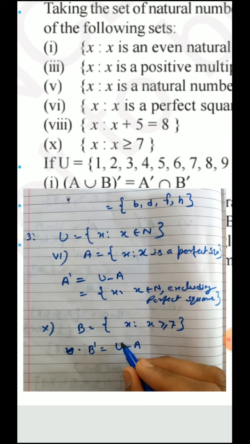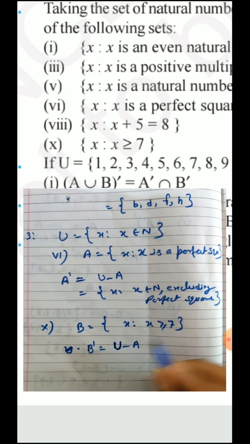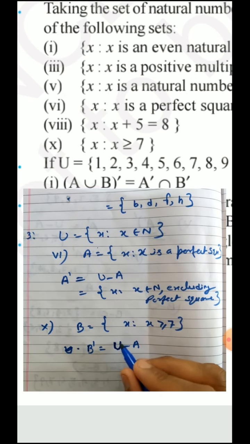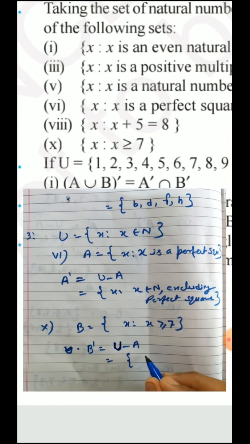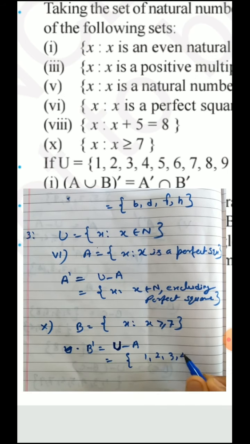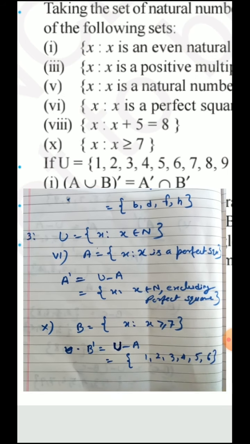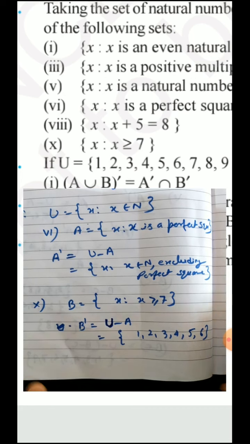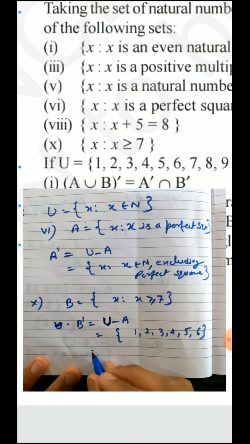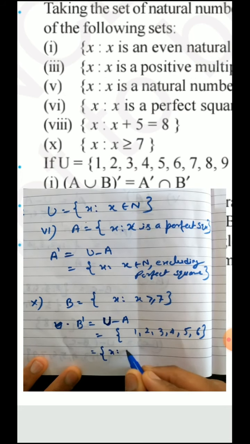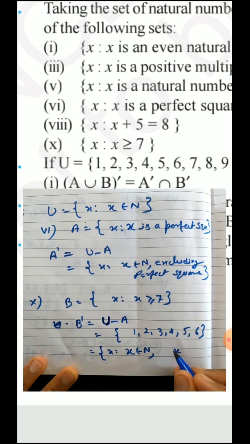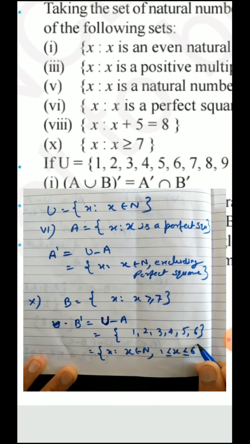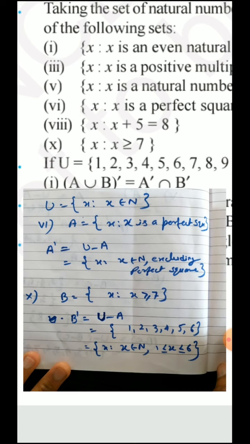If you subtract all these natural numbers which are greater than or equal to 7 from the set of natural numbers, you will find 1, 2, 3, 4, 5, 6. Set of the first 6 natural numbers. You can write the answer in set builder form like that: X such that X belongs to natural numbers and X is greater than or equal to 1 and less than or equal to 6. This is your answer.